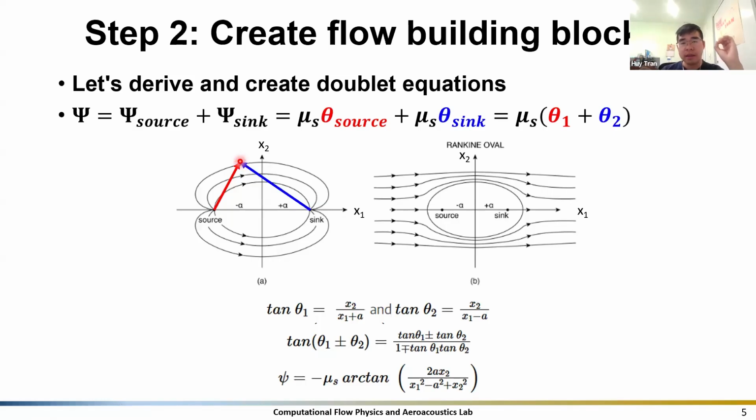You want to find the psi value influence based on the source and the sink. The angle for the source is in red, so it's a positive theta value. But for the sink, which is the blue arrow, it's going to be a different angle in order to get to the same location in the flow field. Therefore, that's why I highlighted it in red and in blue.